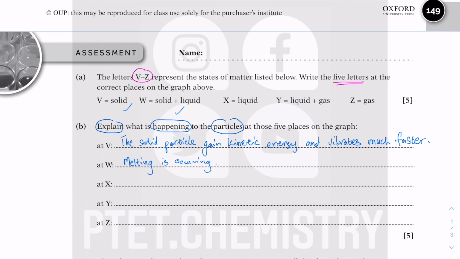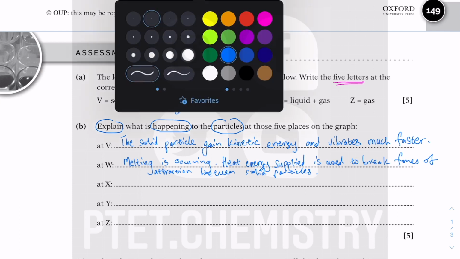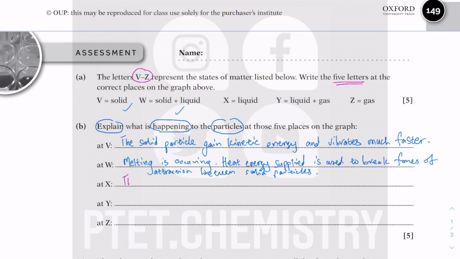The heat energy supplied is used to break forces of attraction between the solid particles in order for melting to be completed. As this is happening, the temperature will remain constant because for a pure substance the melting point is a fixed value.